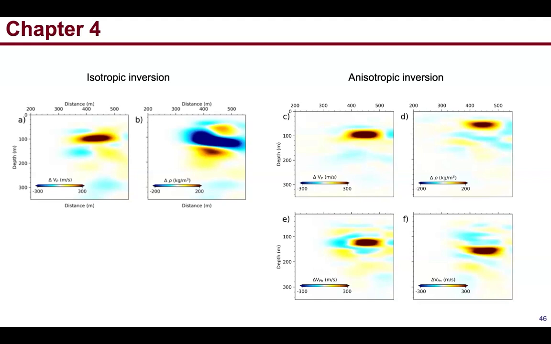It's always hard to invert for the density very well. But if we consider the anisotropy, we can find VP, density, VPN and VPH can all be well resolved. So this small synthetic test just showed us that if we ignore the anisotropy in FWI, our inversion result might not be very accurate.